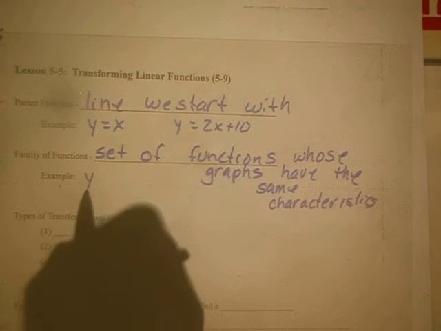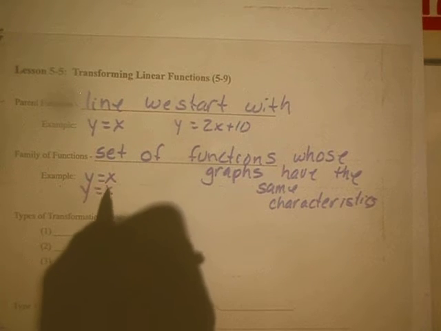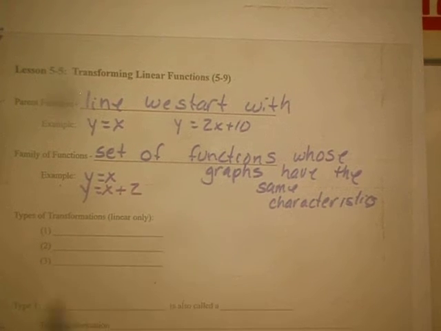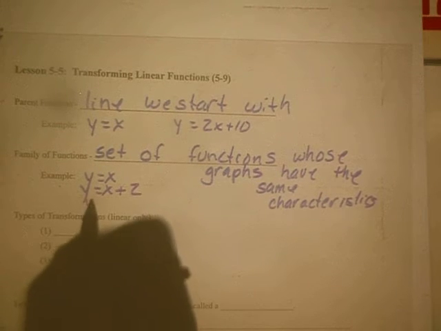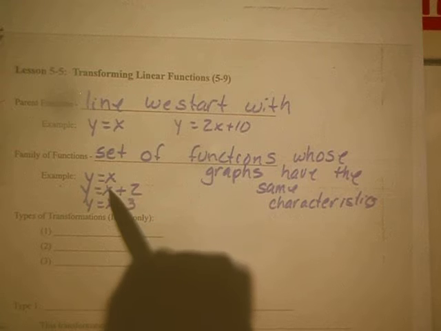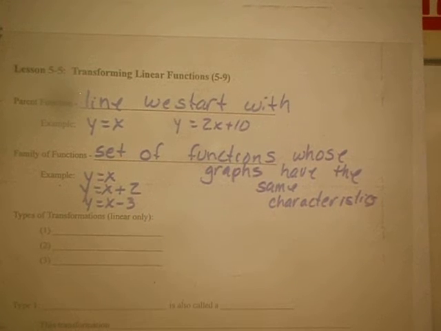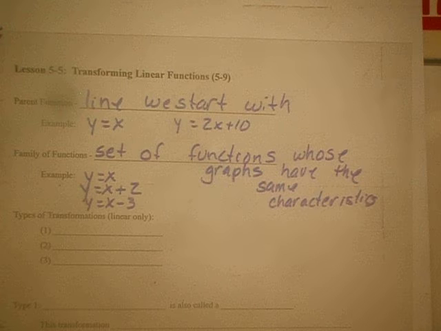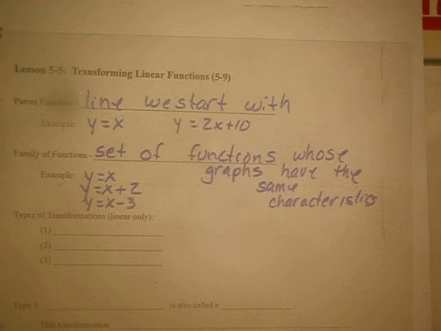And we might have the first line be y equals x, the next be y equals x plus 2, and y equals x minus 3. And you notice these three graphs all have the same slope, so those would be a family of functions.